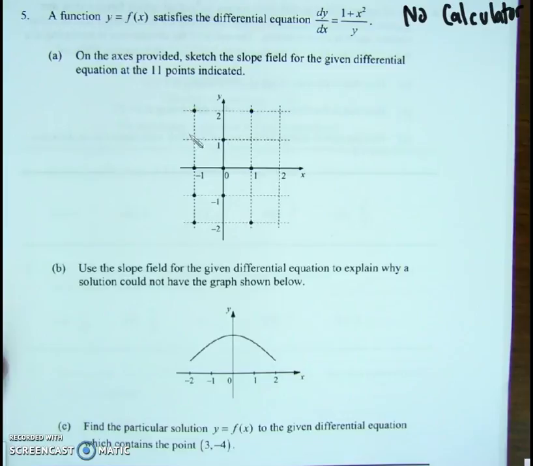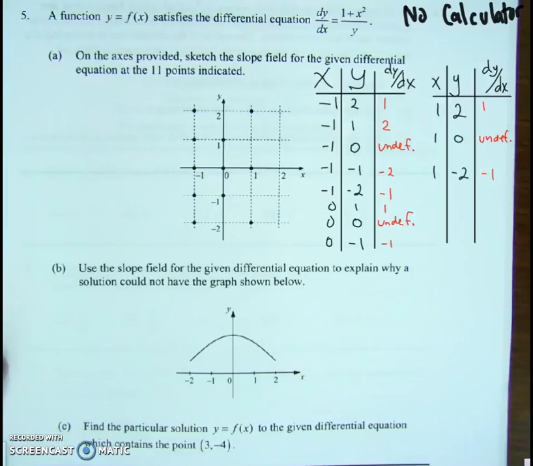Like I told you in class, they will always indicate what points they want you to create the slope field on. Pause the video and do that right now. You should copy this in your notes, 5A, B, and C. Leave enough space, or maybe do it one at a time. We're going to do it in order.